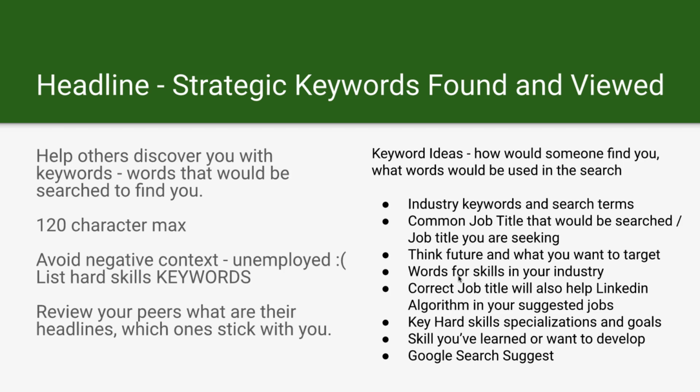The correct job title will also help the LinkedIn algorithm to suggest you for jobs. Key is the hard skills, your specializations and goals, and skills you've learned or want to develop. You can also use Google search suggest in order to come up with relevant keywords.